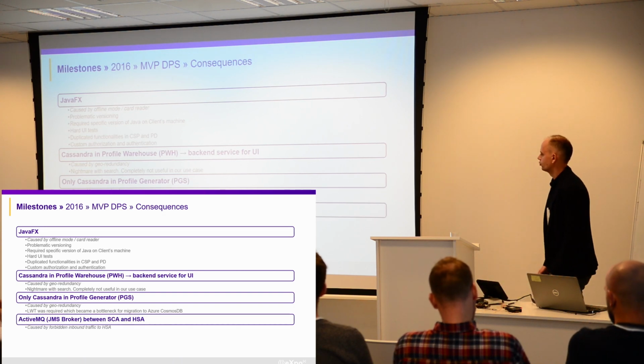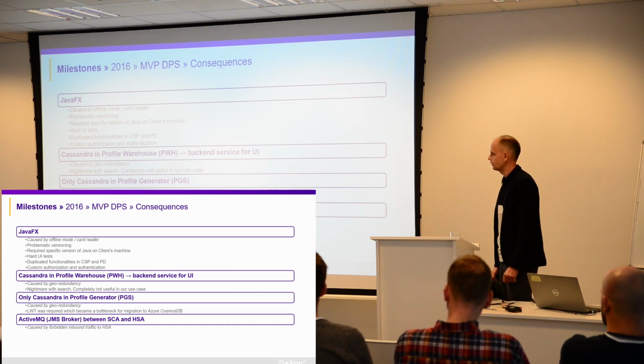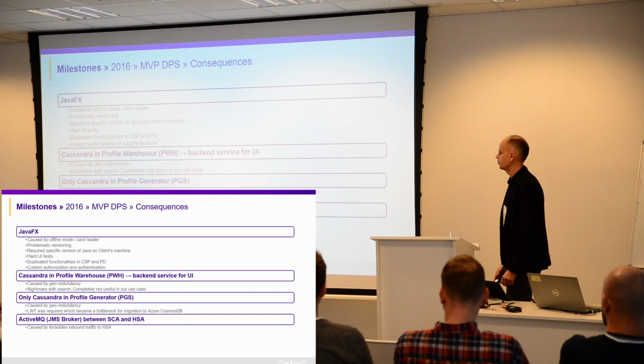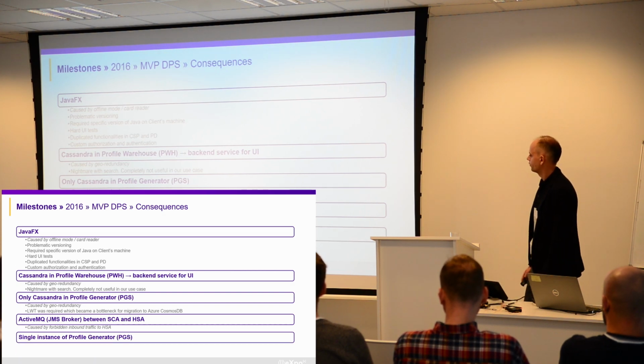And then we chose to use the ActiveMQ broker between SCA and HSA, because of forbidden inbound traffic to HSA, but generally this is also not exactly the truth.